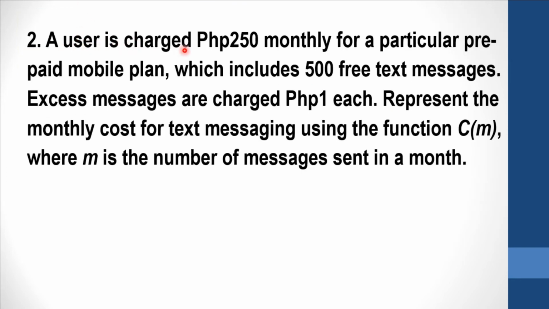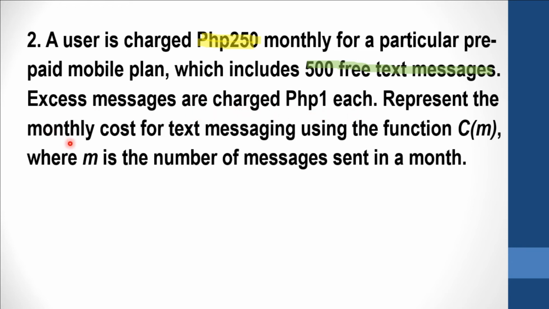A user is charged 250 pesos monthly for a particular prepaid mobile plan, which includes 500 free text messages. So, sa 250 pesos na babayaran natin, meron na siyang 500 free text messages. Excess messages or yung sobrang messages are charged 1 peso each.